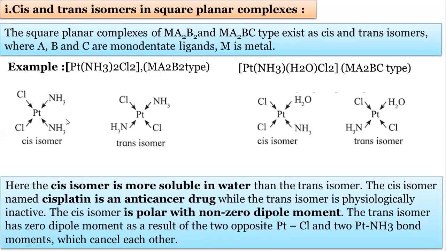But remember how the cis isomer is drawn and how the trans isomer is drawn. This arrow indicates this ammonia donates a lone pair of electrons to this platinum. So this arrow indicates the bond formed between the metal and ligand. As the lone pairs are donated, the arrows are shown inside, towards the platinum.